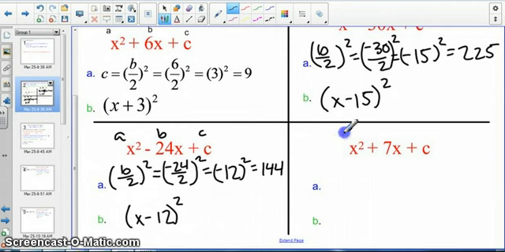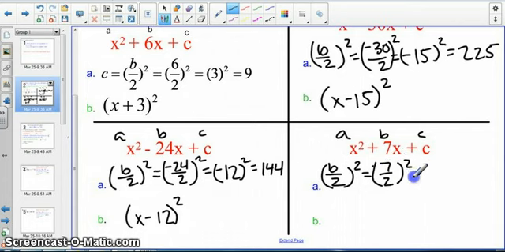Now sometimes when we divide b, it may not come out to be a whole number. So in this case, b over 2 squared, so b is 7 over 2, square it. So you could take 7 divided by 2 and get 3.5, then square that.